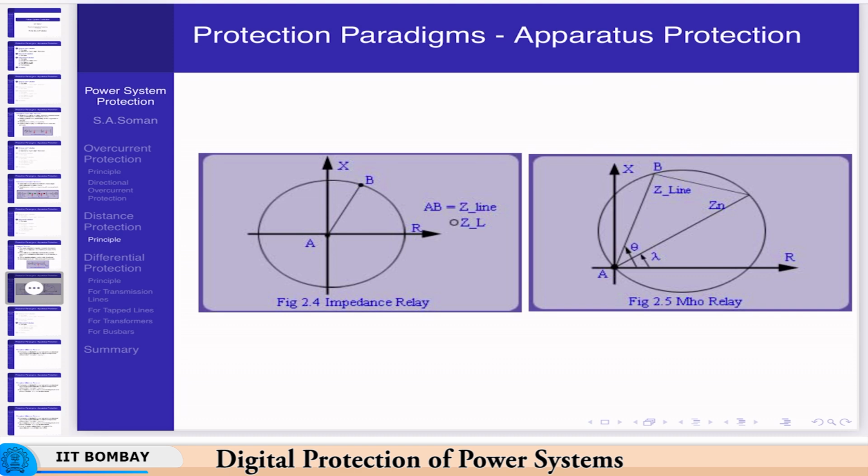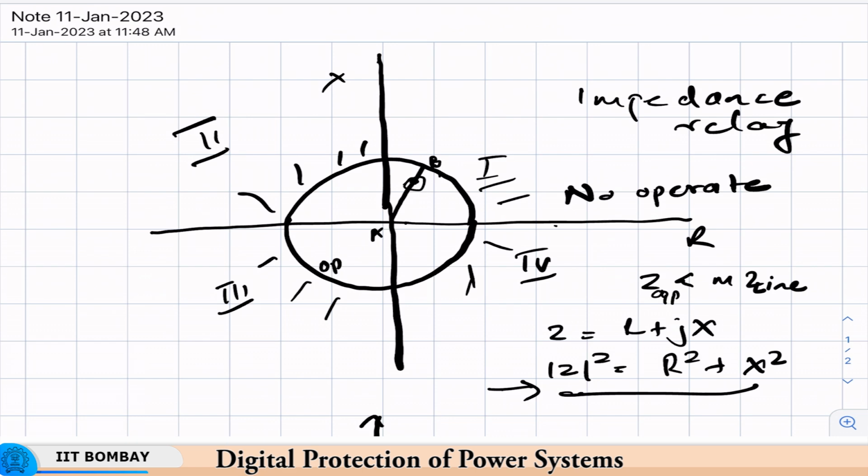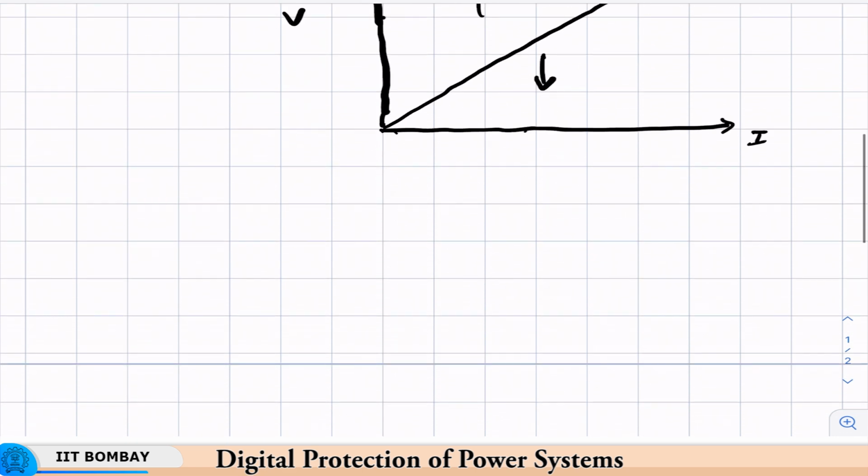However, for numerical relays, this characteristic can be of any shape. You can imagine that since it can be programmed, you can program the number of points and you can get a quadrilateral characteristic, you can get any characteristic that you want. By a quadrilateral characteristic, I mean this.